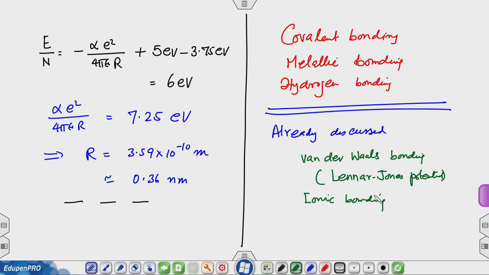So, what we want to do is look at these other kinds of crystals and compare their bonding strength, their cohesive energies, compared to these other crystals that we have already studied. So, let us start with covalent bonding.